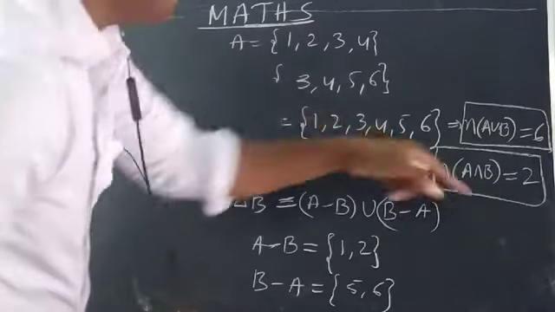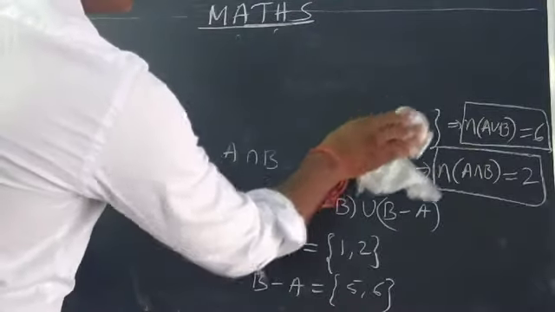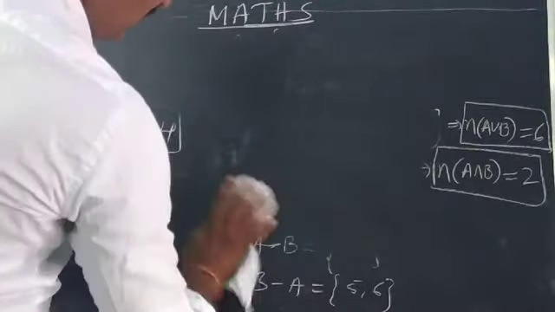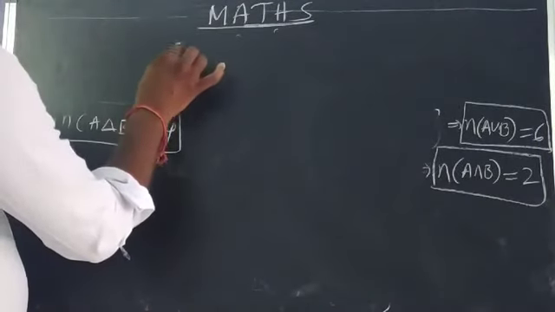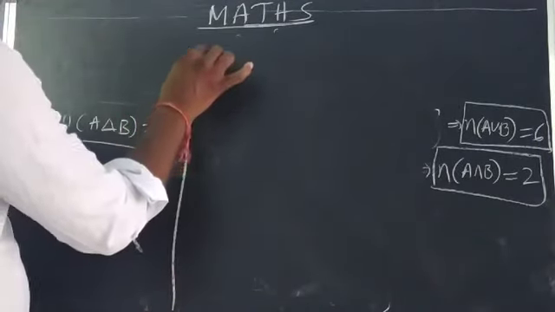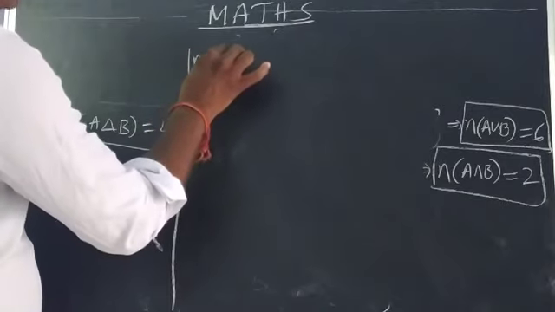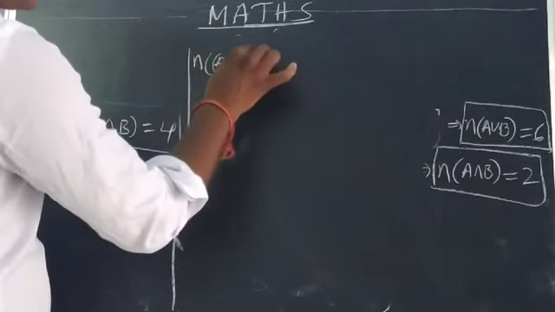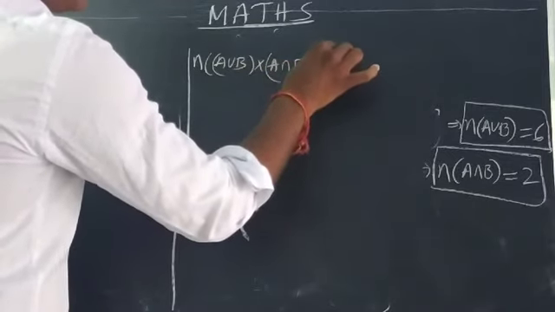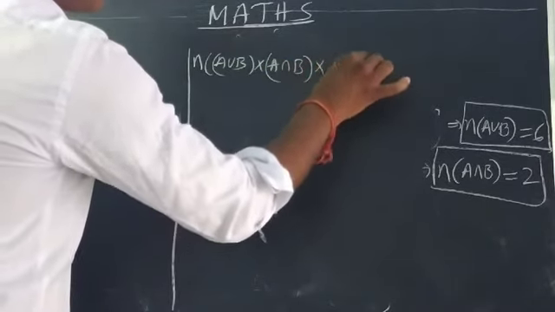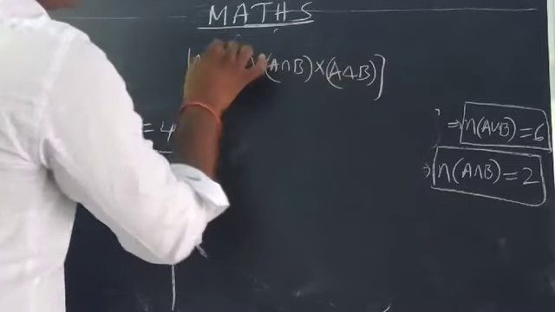Now I am going to solve the given question. What we are going to find is the number of elements in (A union B) cross (A intersection B) cross (A symmetrical difference B).